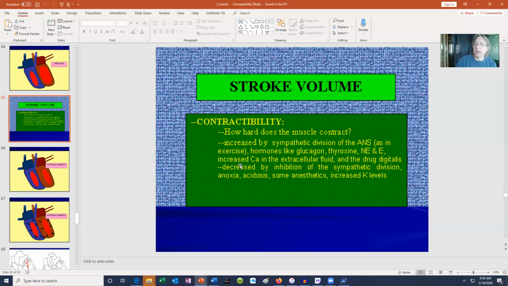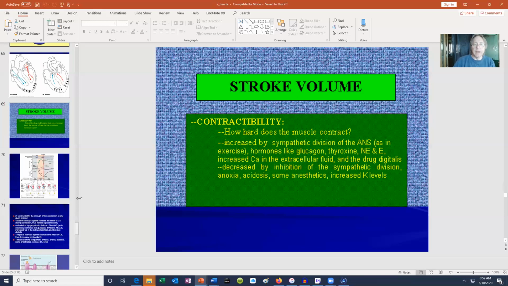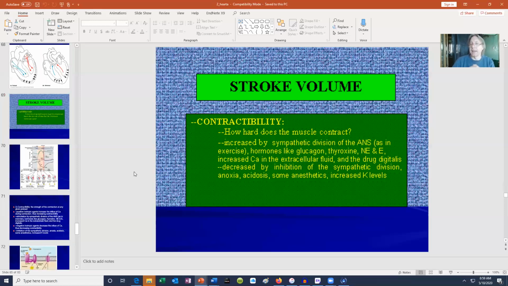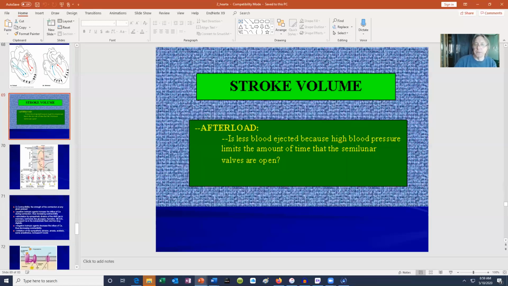When there's higher calcium, that increases contractibility and thus increases stroke volume. We can decrease contractibility by inhibiting the fight or flight response, having the parasympathetic division. Acidosis and increased potassium levels can also lower contractibility.